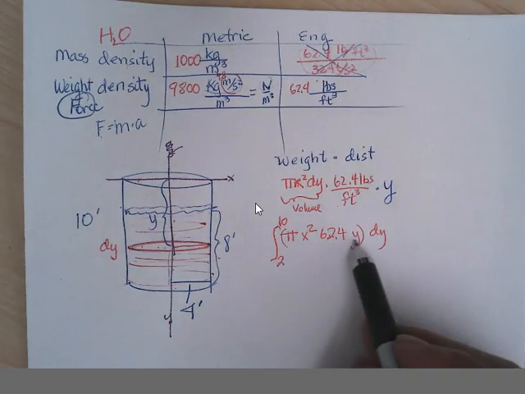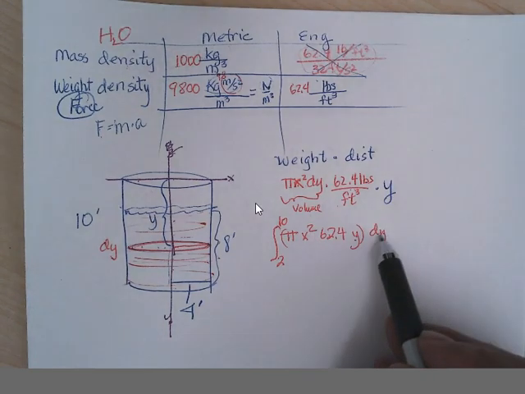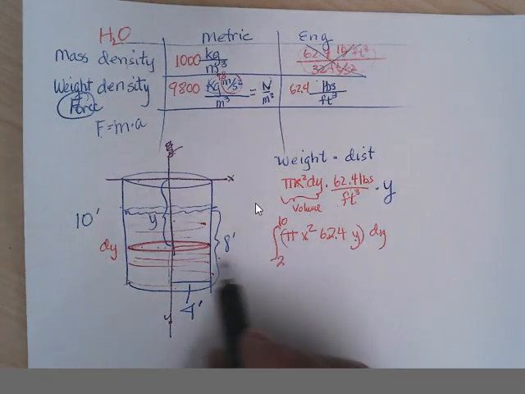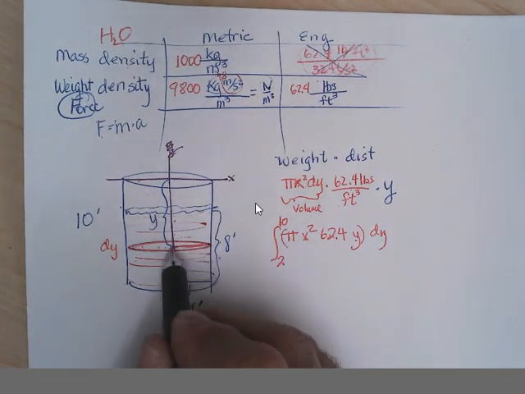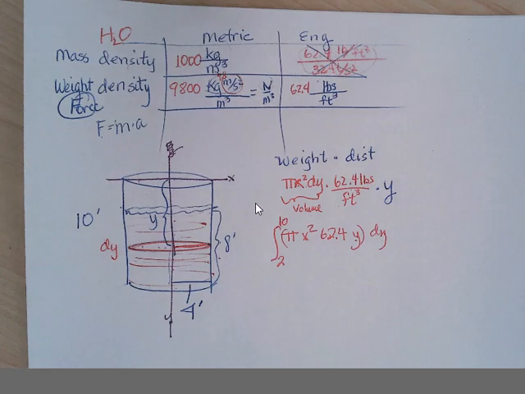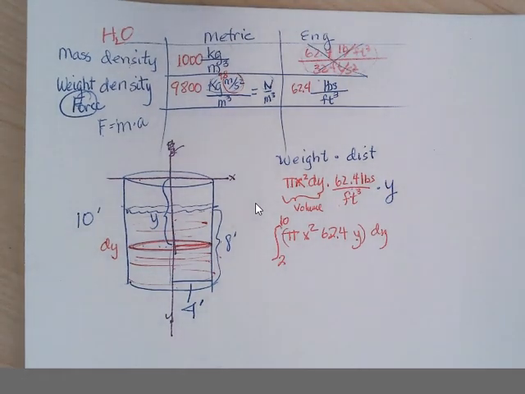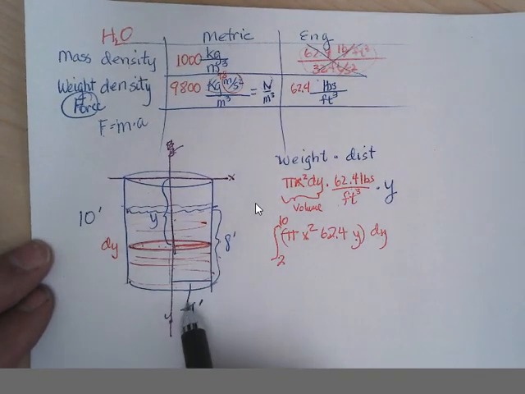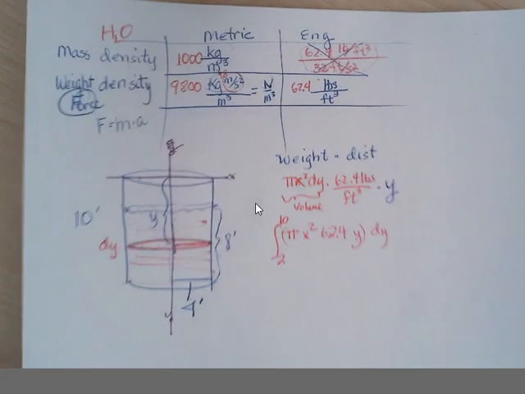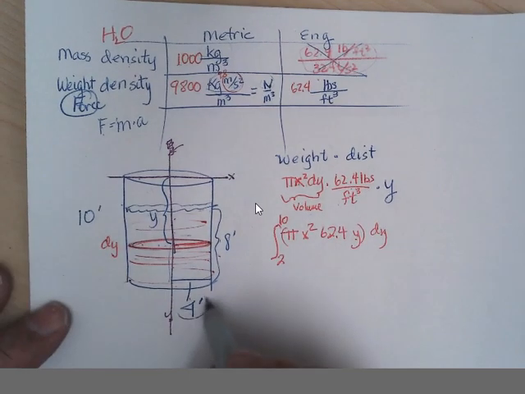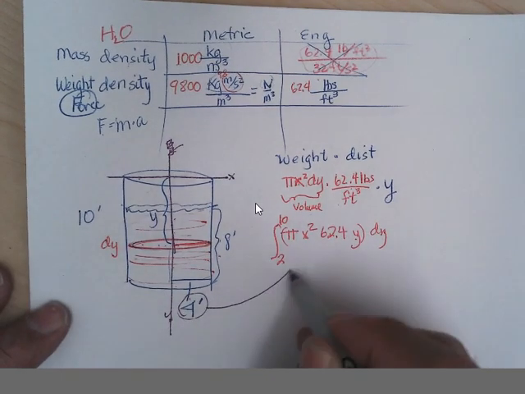Now, I could do this, except for x squared and y I need to get it in terms of y. Well, if that's the x, what's the y value? Oh, it's the radius. Well, the radius isn't changing. So in this particular problem, since the radius is always 4, I don't need to use x.